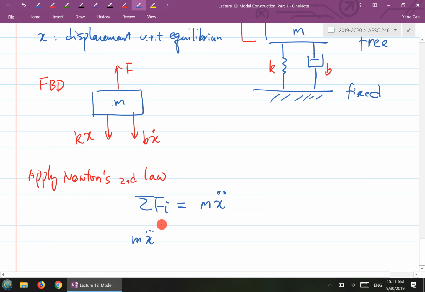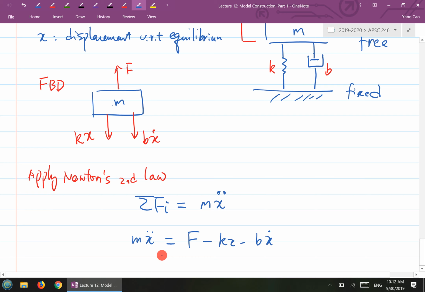Look at the free body diagram. You have a force pointing up, so that's positive. You have two forces going down, so you subtract kx and subtract bx dot, and that's the total force, incorporating the direction into the equation.